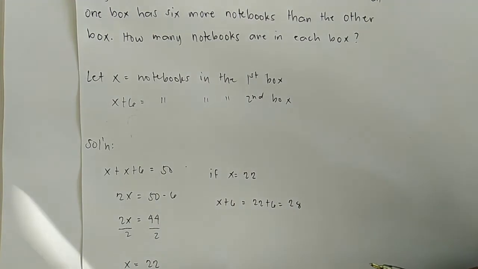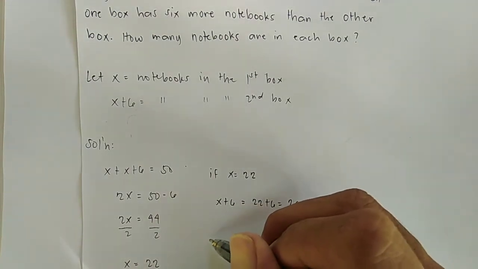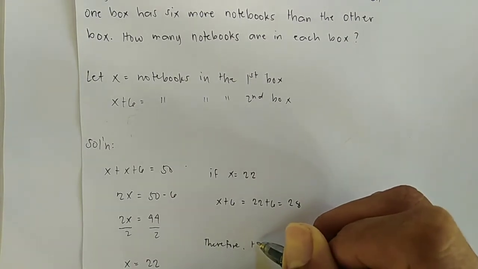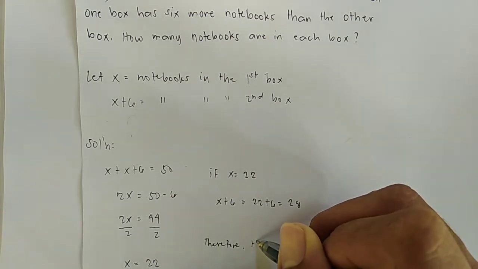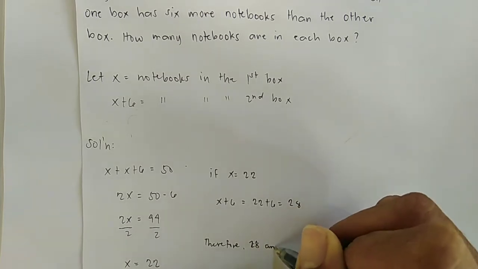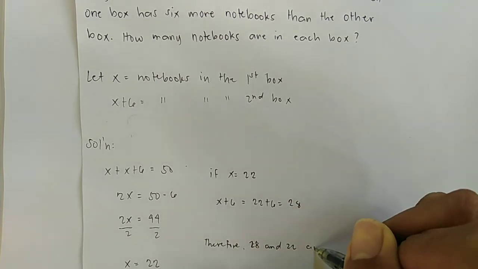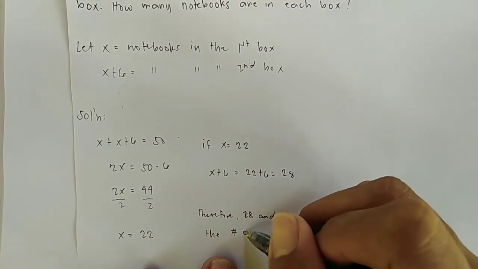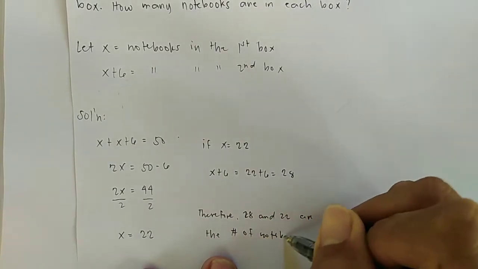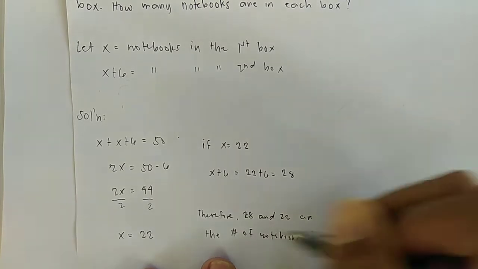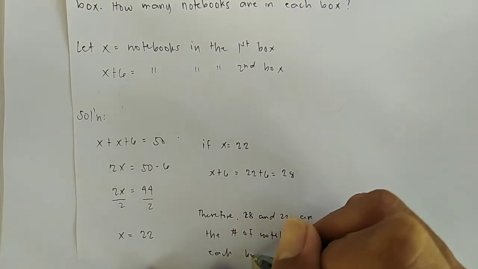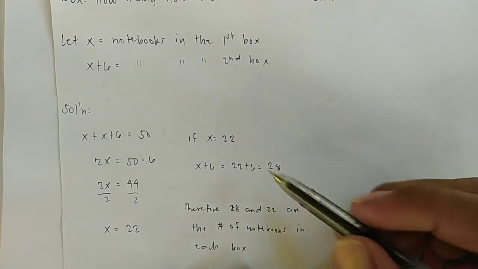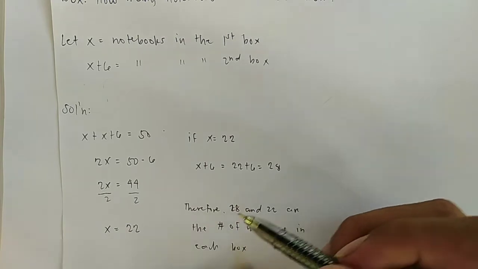So with that, we can say that therefore, 28 and 22 are the number of notebooks in each box. So meaning to say, the first box consists of 22 notebooks and the second box consists of 28 notebooks.